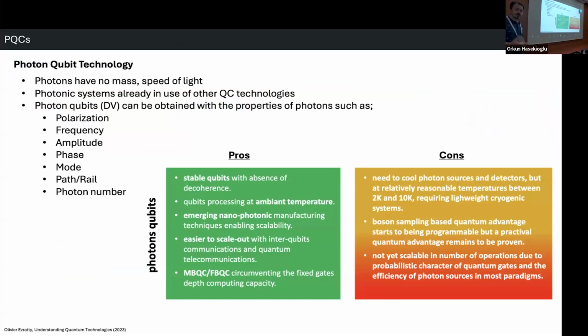From the gate-based perspective, you can generate discrete variable or qubit states from polarization, frequency, amplitude, phase, mode, path, time, photon number. You have like 10 degrees of freedom to obtain it, and you can get a stable qubit with absence of the decoherence which affects other systems. For example, with a superconducting system, you already lower the temperature to 10 millikelvin, so phonons don't do much around, but the material properties can also create some discrepancies between the qubits.